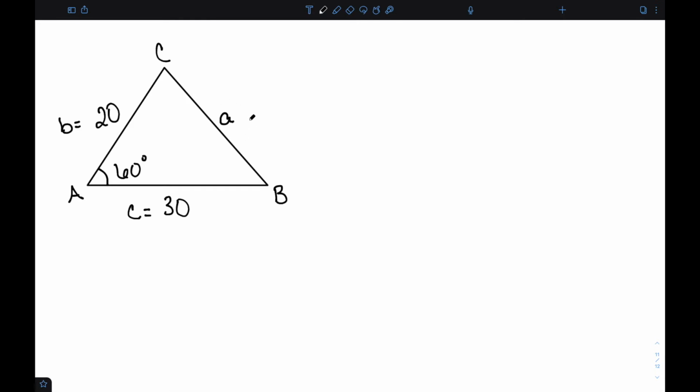I'm going to use my law of cosines, that's equal to a squared since that's what I'm missing.